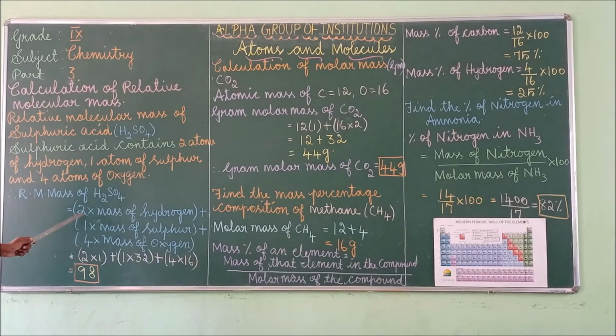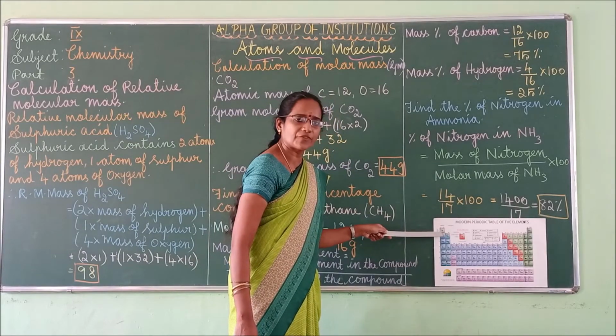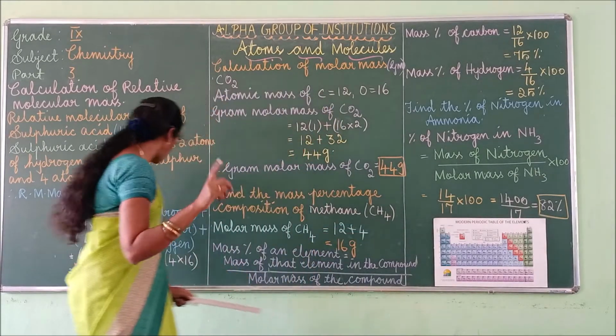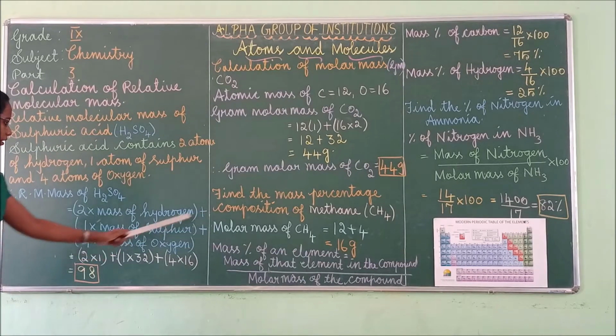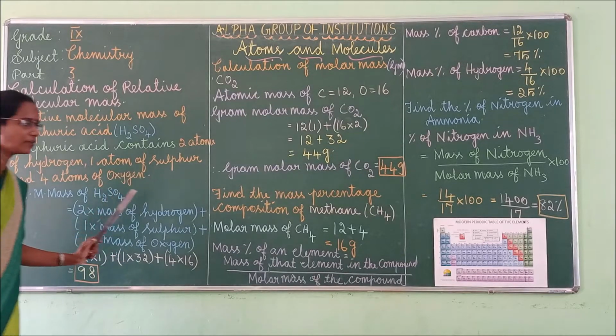Final step is, already we know sulfuric acid contains 2 atoms of hydrogen, right? So 2 into mass of hydrogen. Mass is nothing but atomic mass. What is the atomic mass of hydrogen? It is 1. So 2 into 1 plus 1 into, that means the sulfur atom, what is the atomic mass of sulfur?